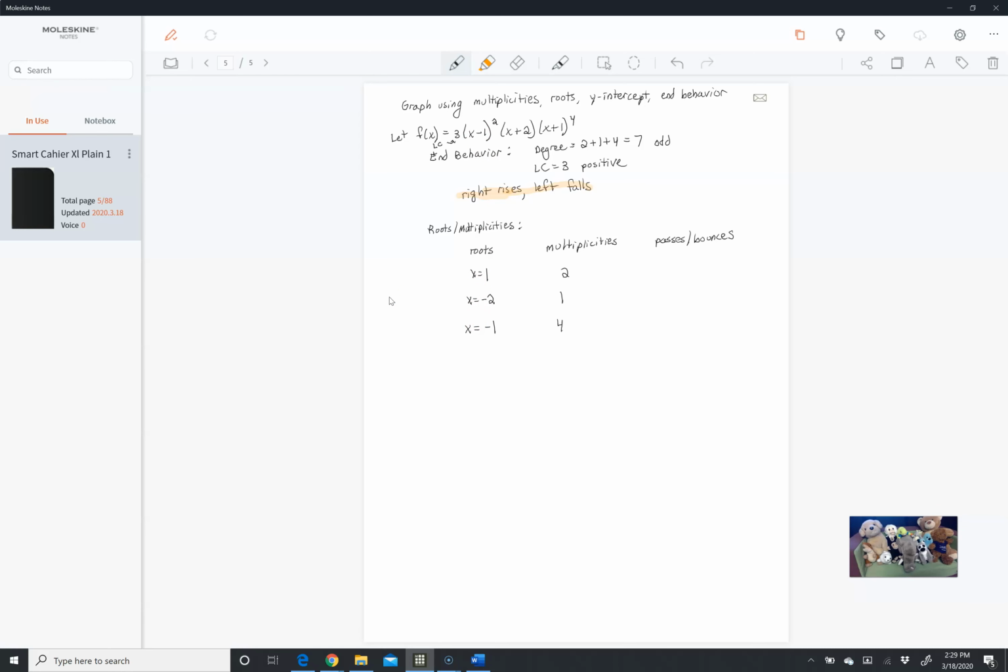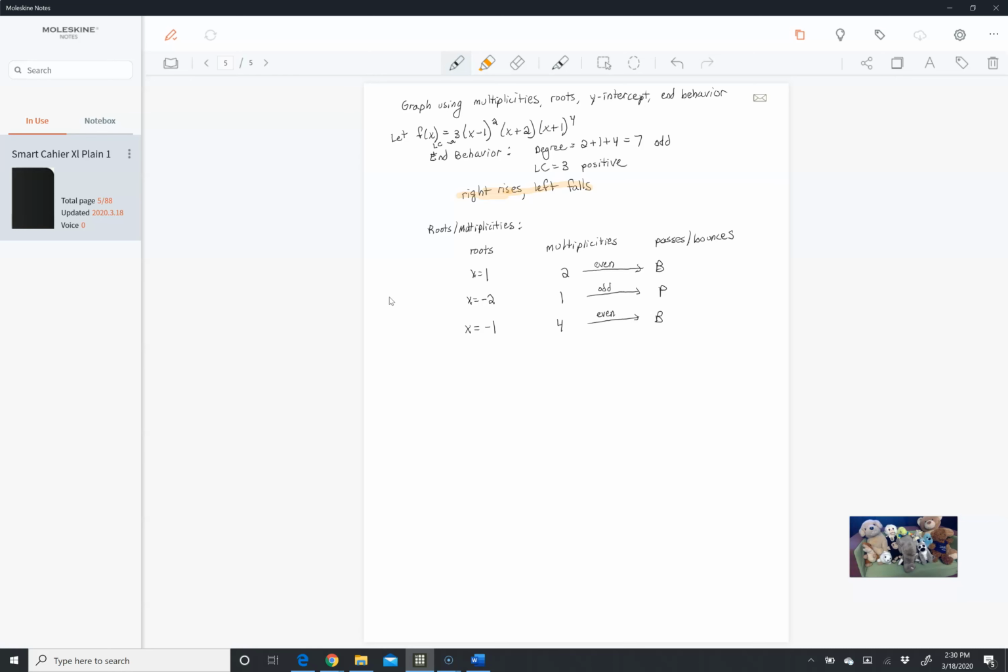And since the multiplicity is even, that tells us that it bounces. Here the multiplicity is odd, so that tells us that it passes. And here the multiplicity is even, so it bounces.